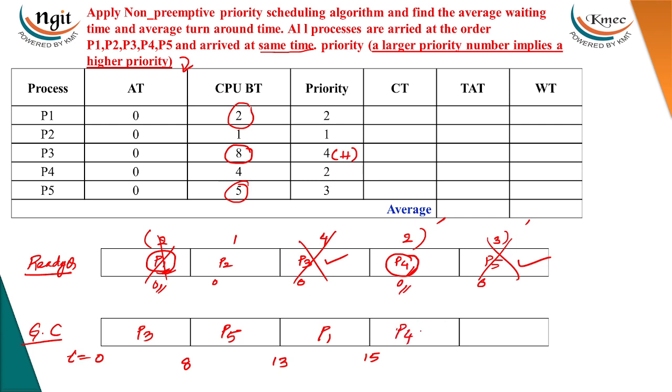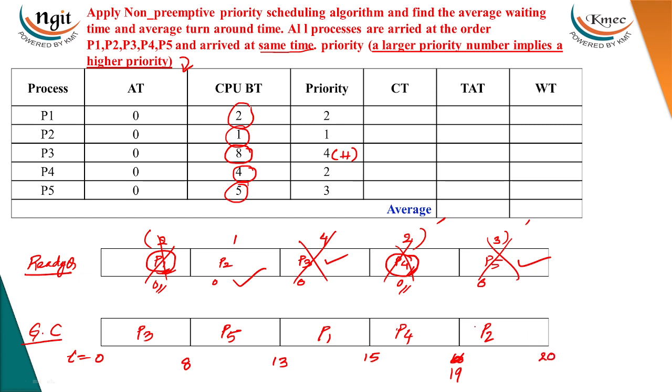Then P4 will be loaded at time t equal to 15. The burst time of P4 is 4, so it is 15 plus 4, 19. Then P2 is the only process left and will be loaded; its burst time is 1, so 19 plus 1, 20.